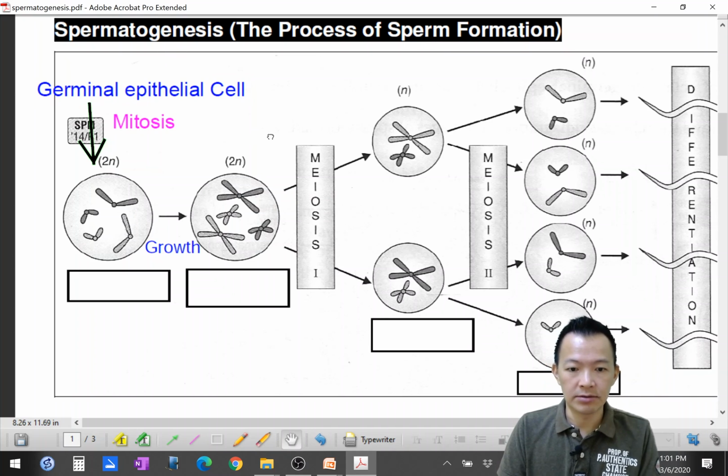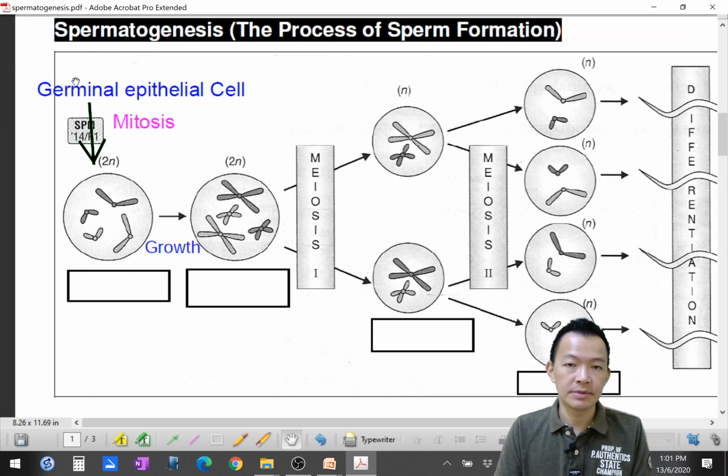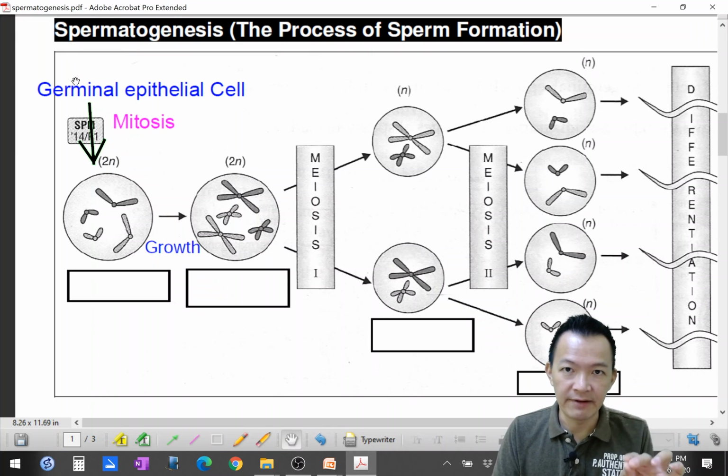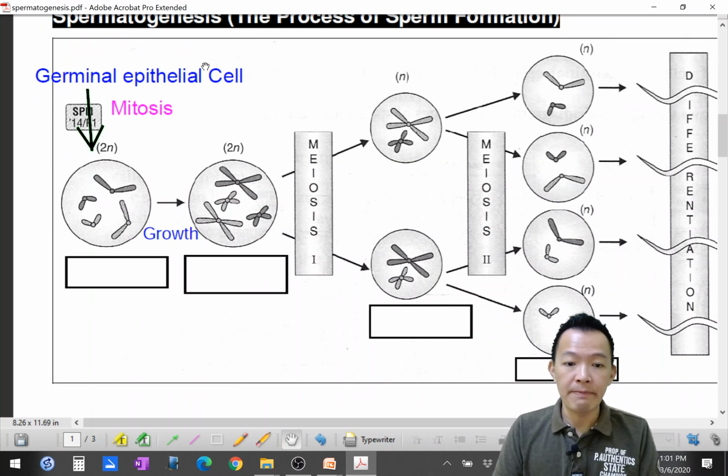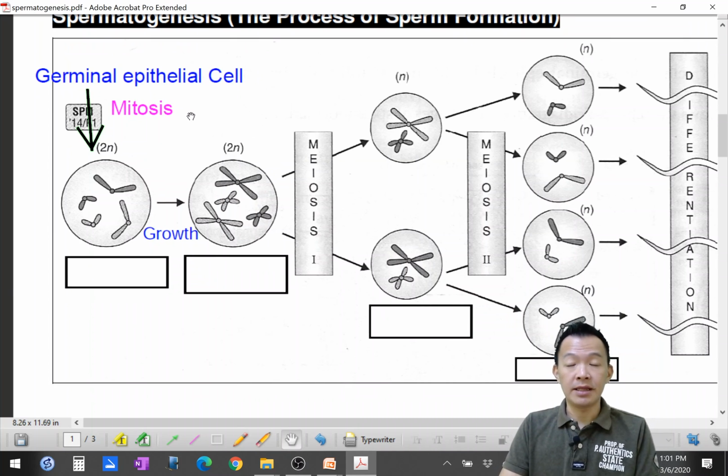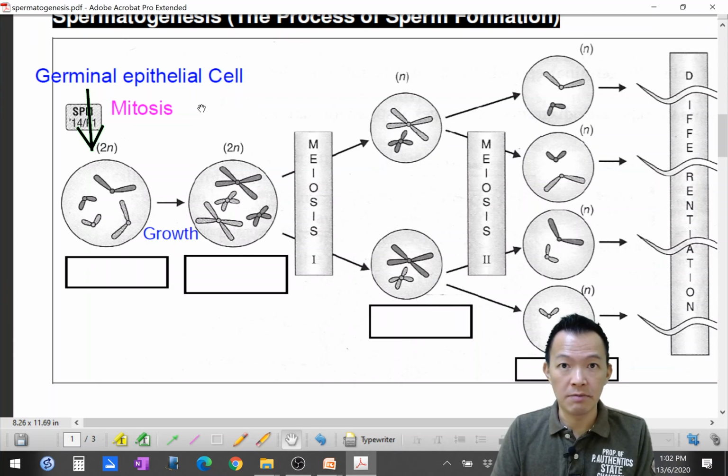The germinal epithelial cell, the cells on the surface of the seminiferous tubule.